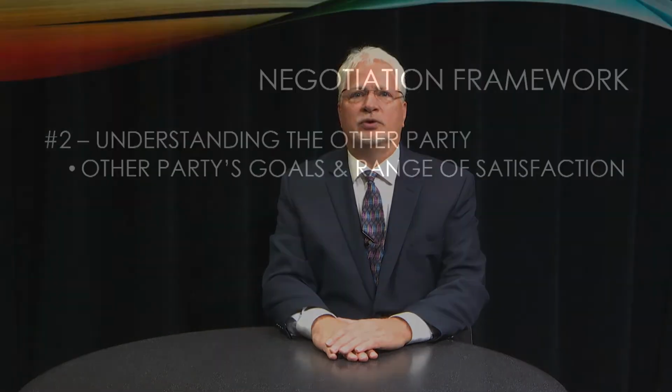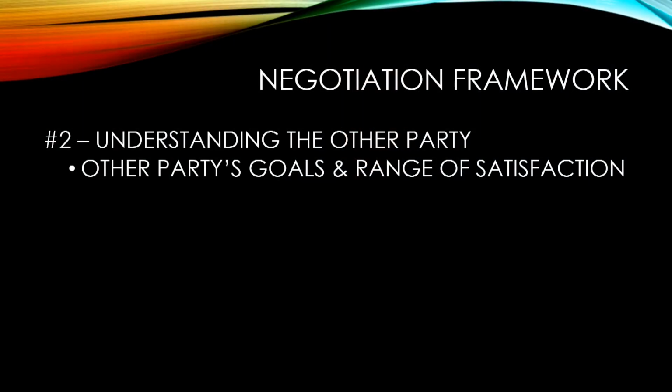The greater clarity that you can gain on what the goals of the other party are, the better you'll be able to anticipate what they may ask for, and your ability to meet their goals or not. In addition, they may have a clear range of satisfaction for each of those goals. In understanding what they're shooting for and what their needs are, you'll be able to know how to respond.